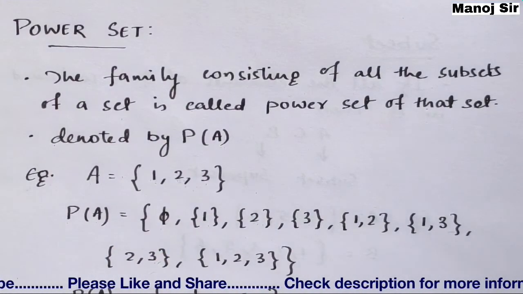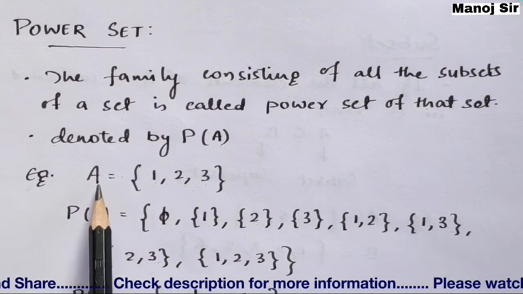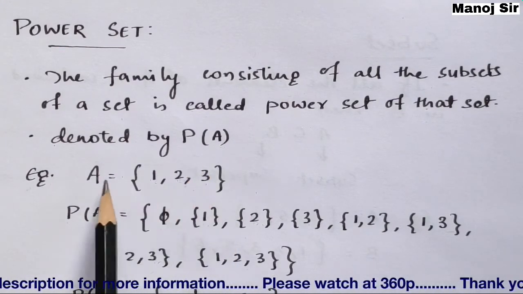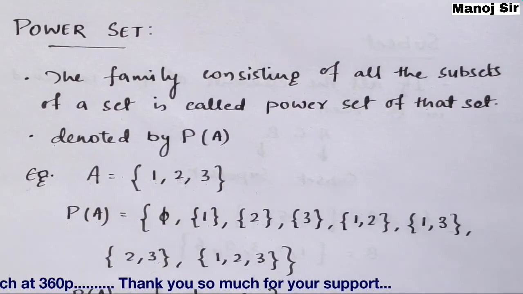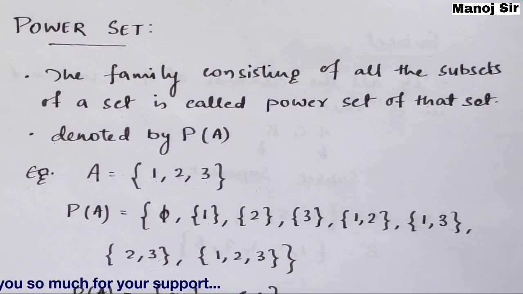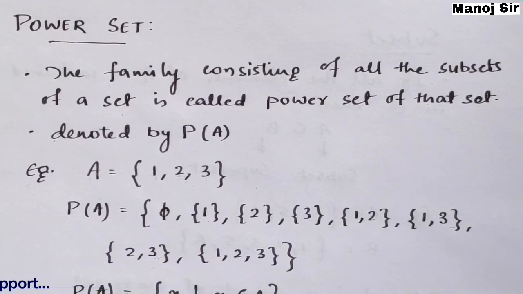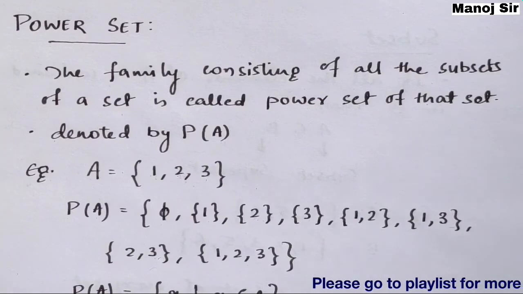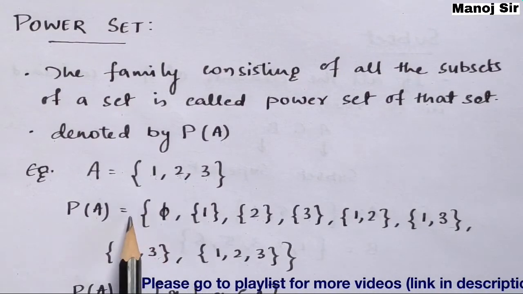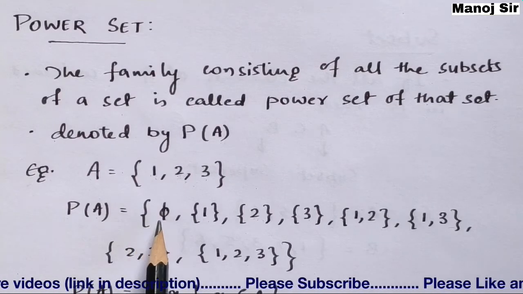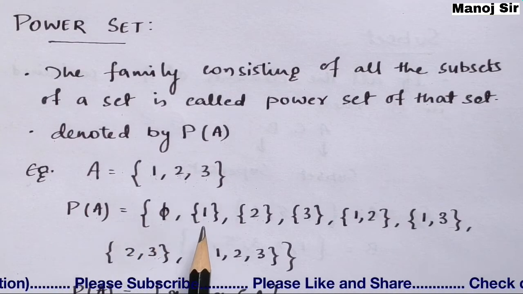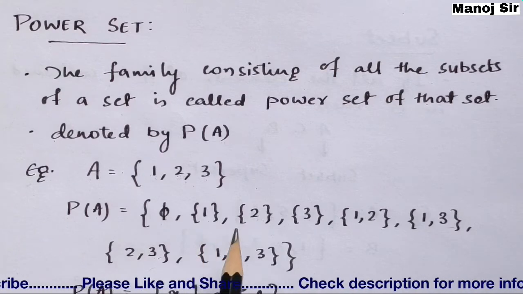Now we will take one example. Let's suppose you have this set, that is A equals to, there are three elements present in this set A, that is 1, 2 and 3. Now you need to find the power set of this set A. In that case we need to write the power set of A, and in between the curly brackets we need to write all the elements, or you can say all the subsets of that set.